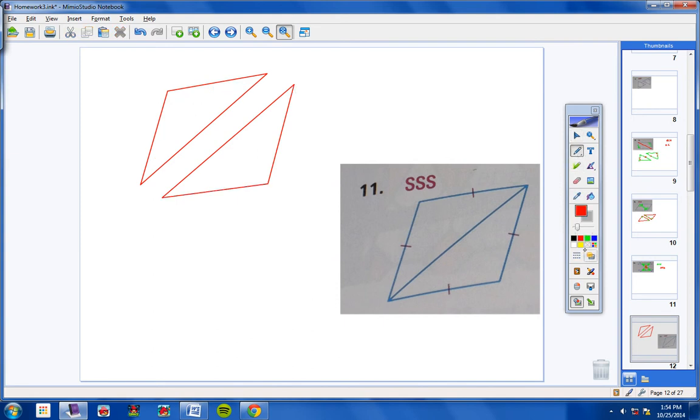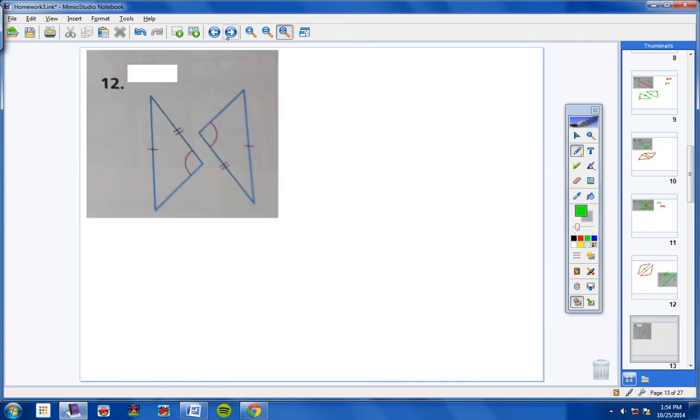Now, notice we have this side here, marked congruent. This side here, marked congruent. This side here, which is this side, and this side here, which is this side, and then they share this side here. So 2 marks, 2 marks. So we have side, side, side, congruent to side, side, side. Okay, so there's the answer: side, side, side. Okay, all right, moving on to number 12.